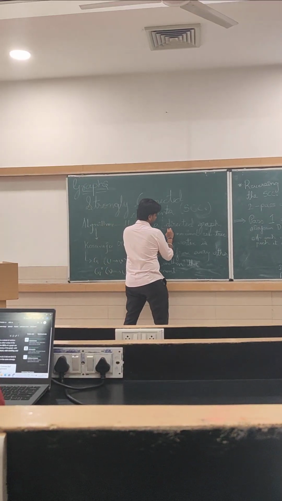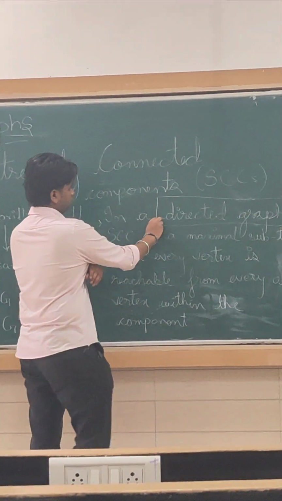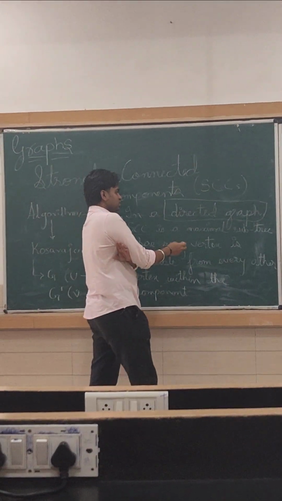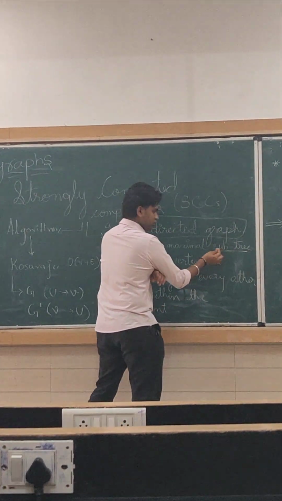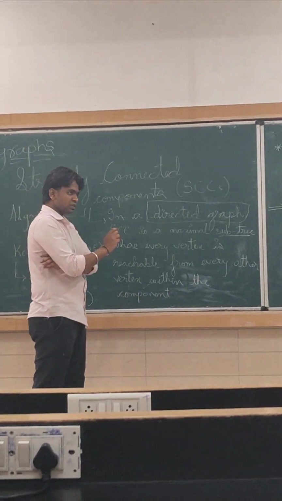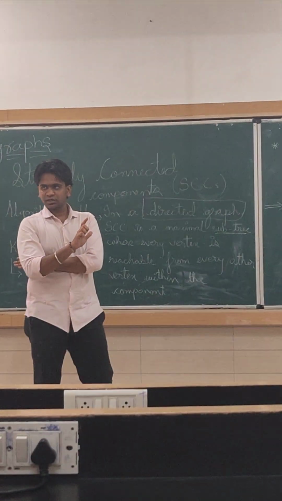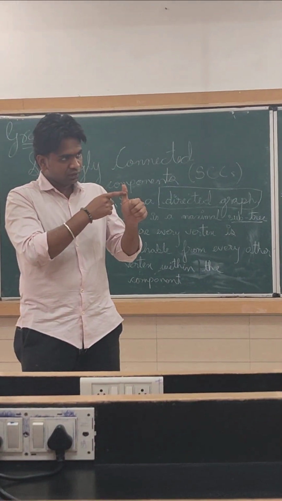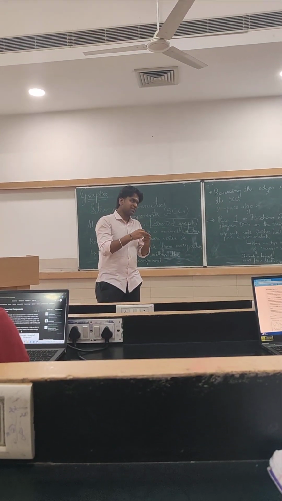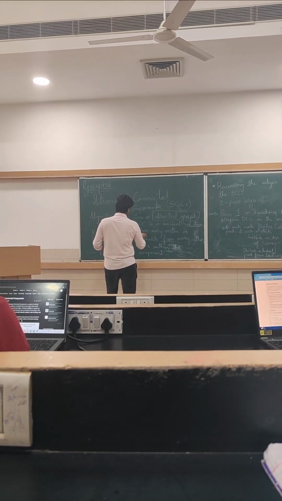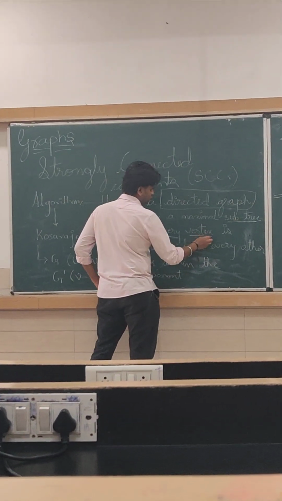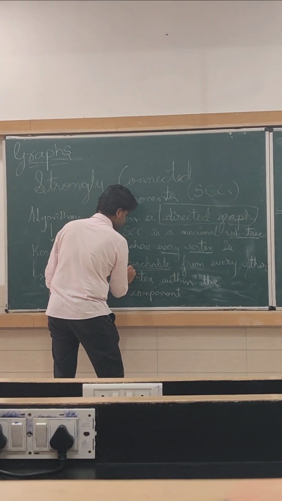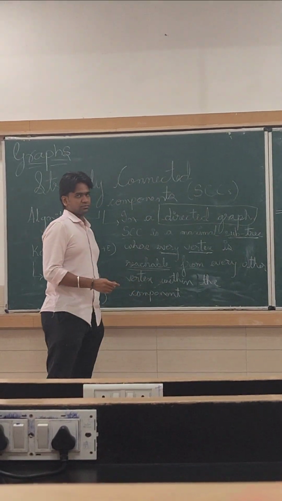In a directed graph, SCC is what? SCC is a maximal subtree. Okay, it's clear so far. In a directed graph, SCC is only defined for a directed graph, and SCC is a maximal subtree, where every vertex in the subtree is reachable from every other vertex.